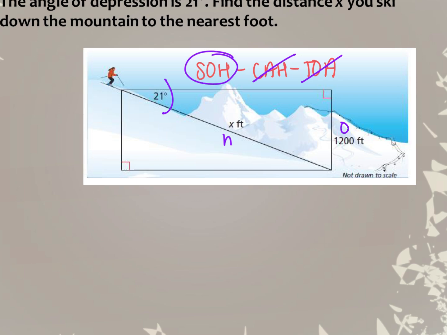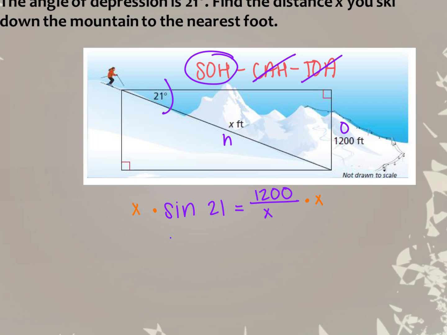So for this one, plugging in what I have, I'm going to use sine 21 equals my opposite side over my hypotenuse, which is x. How am I solving for x? What do I have to do first? I'm going to multiply by x.